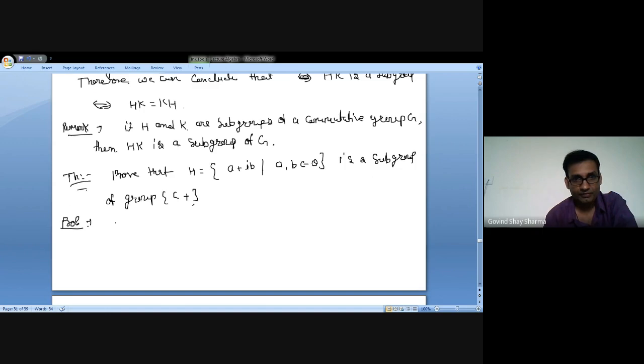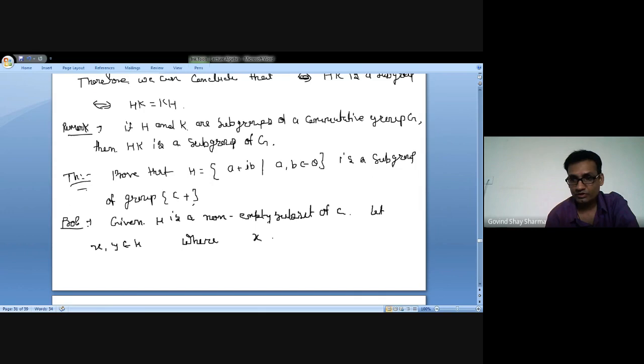Given, H is a non-empty subset of C. Let x, y belong to H, where x equals a1 plus iota b1, and y equals a2 plus iota b2.